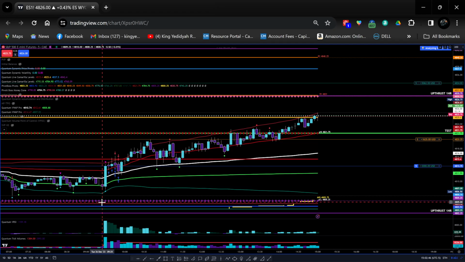All right, so let's see here. If we do touch the central pivot range, getting to R1 or S1 is a 73% chance, right? So if we don't touch the central pivot range, getting to R1 is 67.2%, right?